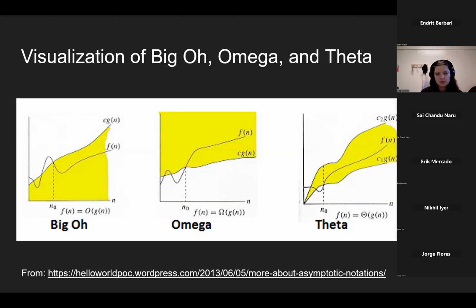So everything in this yellow section here is going to be your O of g of n. If you consider omega, then everything that grows higher than our g of n, everything in the yellow in the middle graph, is going to be your omega g of n. And then theta is the tightest interval or bound on both sides.